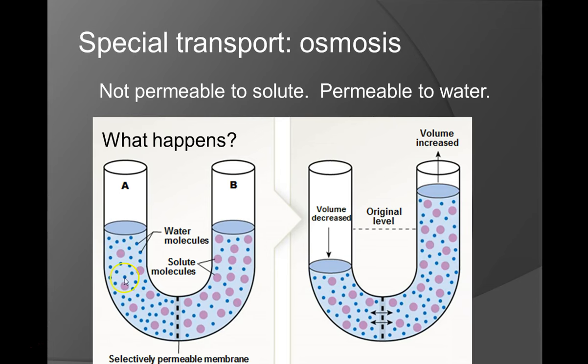The water will move from A over to B, and the volume of the water on A will decrease. And so what you notice now is that the water molecules and the solute molecules are equally spaced on either side. And so that means we've reached what's called equilibrium. It's equal on both sides.